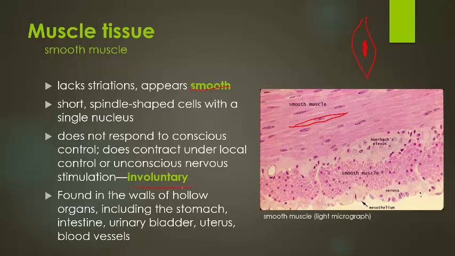And so we talk about this kind of muscle tissue as being involuntary and non-striated. I should have put that word in your notes. We find smooth muscle tissues in the walls of all the hollow organs of the body, including the stomach, the intestines, the urinary bladder, the uterus, the gallbladder, the blood vessels. They're all lined with this involuntary, non-striated smooth muscle.